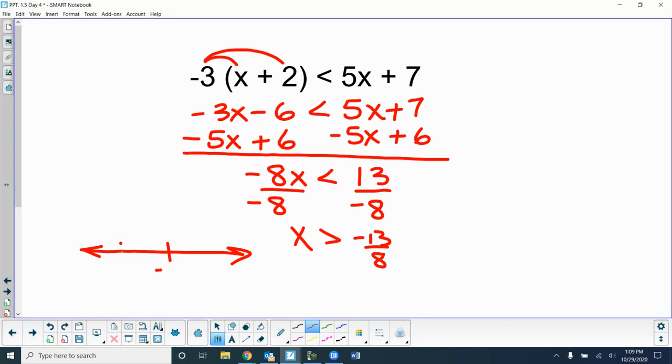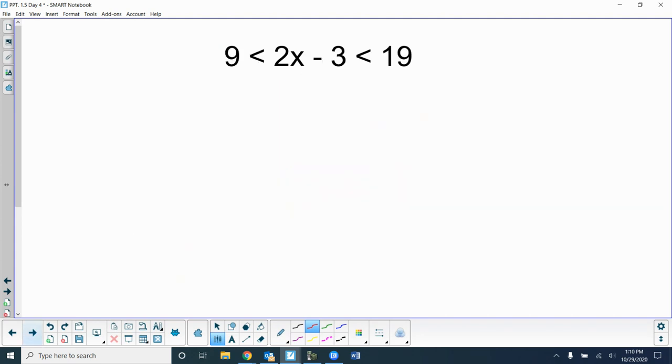So negative 1, negative 2, zero is here. Negative 13/8 is, 12/8 would be 1.5, so it's a little bit more than 1.5. It's a circle. Greater than would be that way. We good? Questions? Okay, next one. Compound inequality.